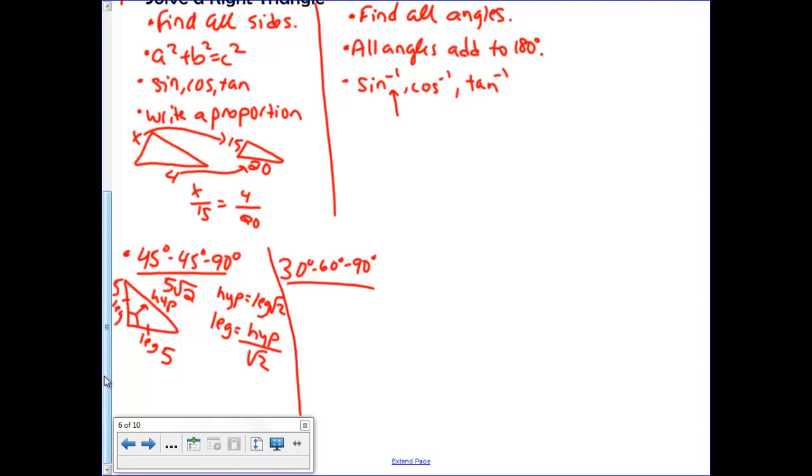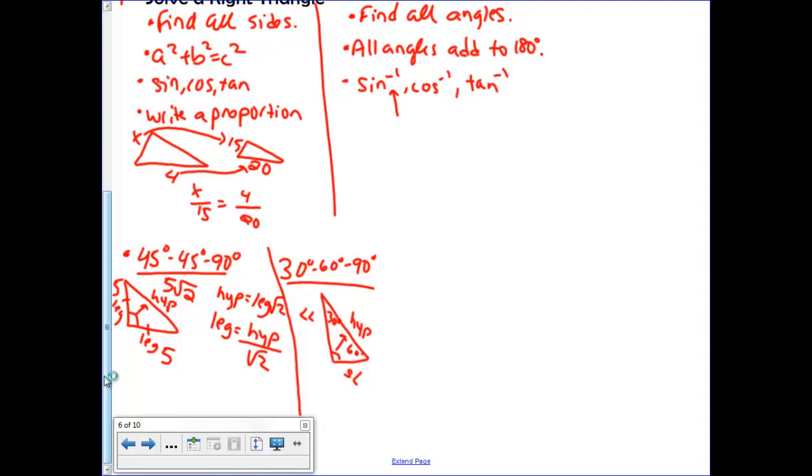We also have your 30, 60, 90 rules, which looks like this. 30 degrees, 60 degrees, and your 90 degree angle. This would be our hypotenuse. You have a short leg, and you also have a long leg.